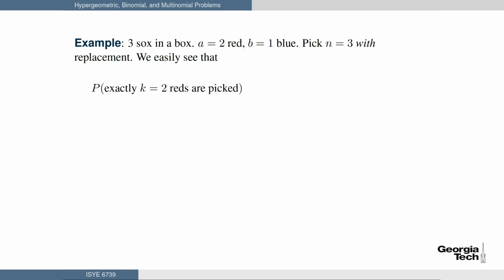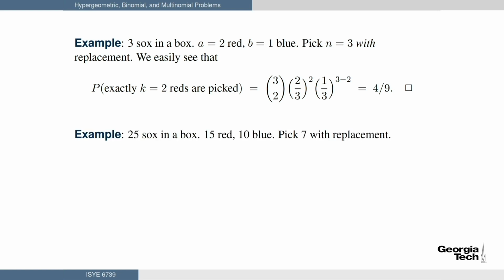The probability that exactly k equals 2 reds are picked, I'm using that equation: n choose k times a over a plus b to the k, etc. I get 3 choose 2, times 2/3 squared, because the probability of picking a red on one trial is 2/3, times 1/3, the probability of choosing a blue, to the 3 minus 2. I'm just plugging into that equation.